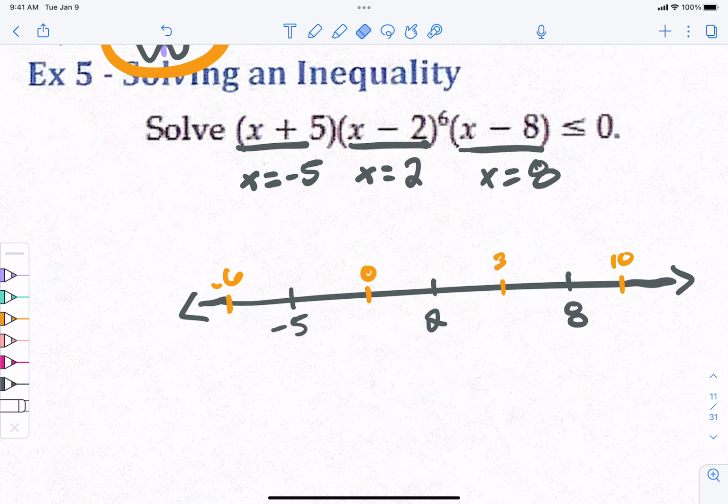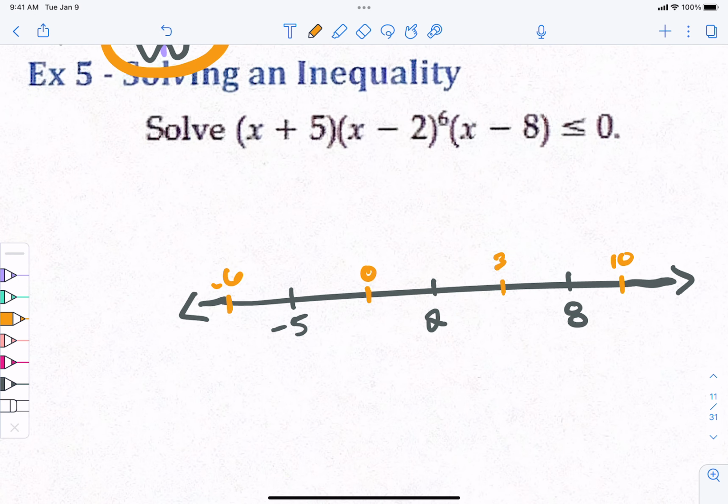Negative 6, if I plug negative 6 in here. Negative 6 plus 5 is negative 1. Negative 6 minus 2 is negative 8. If I take negative 8 to the 6th power, it's going to be a positive number. Anything to the 6th power is positive.